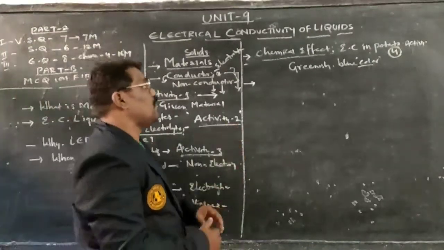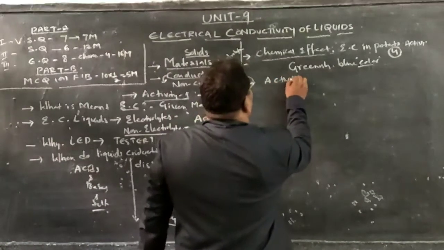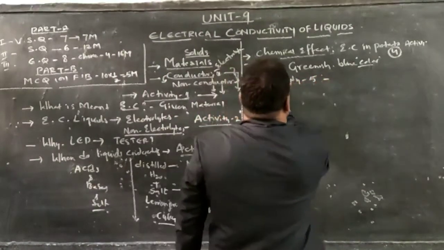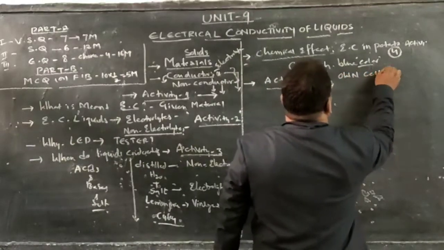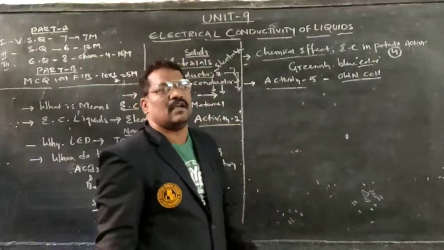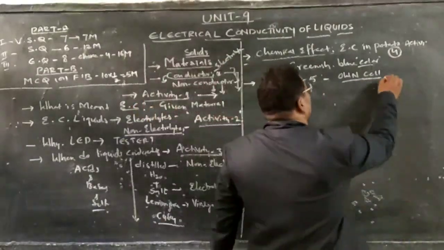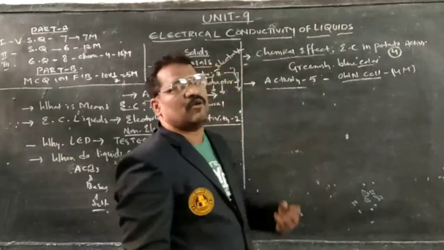That is activity 4. When it comes to activity 5, what does it explain? How we can prepare our own cell. Activity 5 is for a 4 marks question. We have already studied clearly by taking 2 injection bottles.